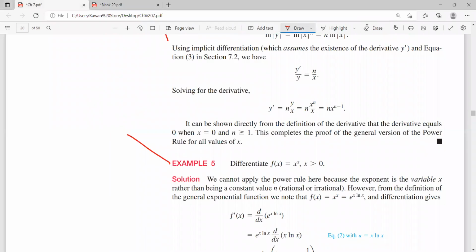Here we are in this example. We are going to use that idea, the idea of this example, during the solution for L'Hôpital's rule 7.5, because for some types of L'Hôpital we need to take a ln. So that's why I say careful.